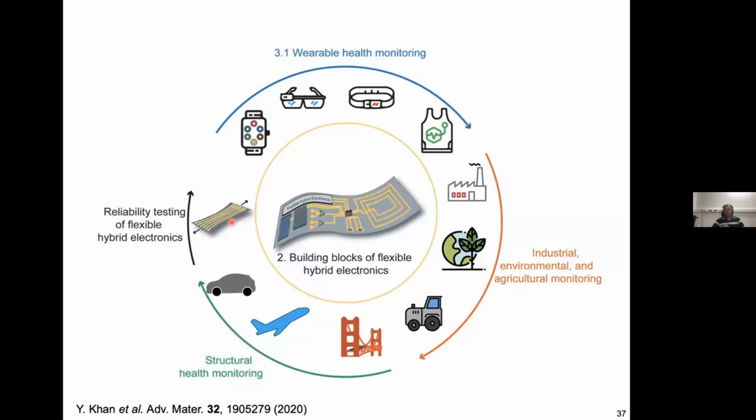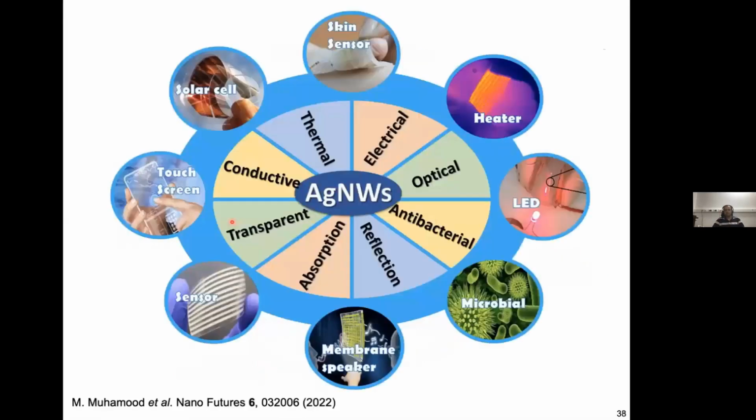You're going to need maybe some displays to actually output the data. And you're going to need some way of actually powering these devices. So we have been working on different aspects of all of these problems using silver nanowires as the base. And really our goal is to see, can we put all of this together and actually make these sorts of sensors that we can potentially commercialize.